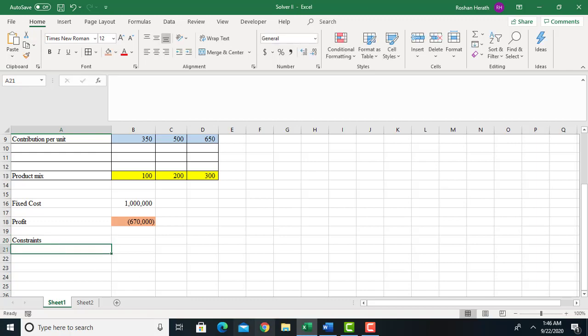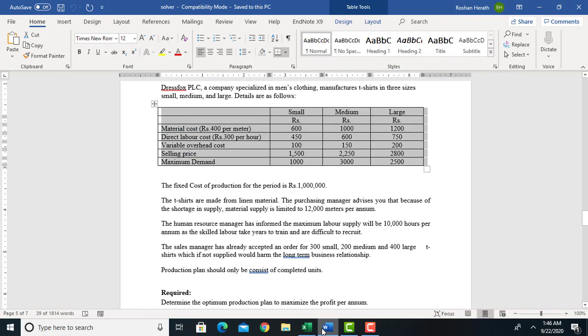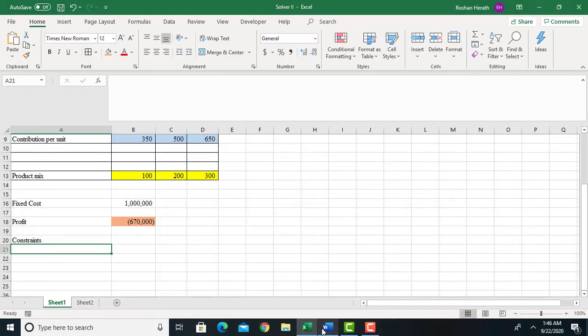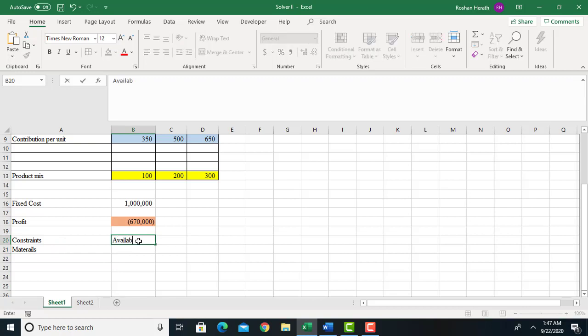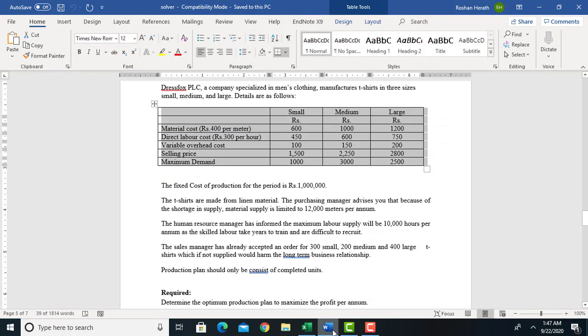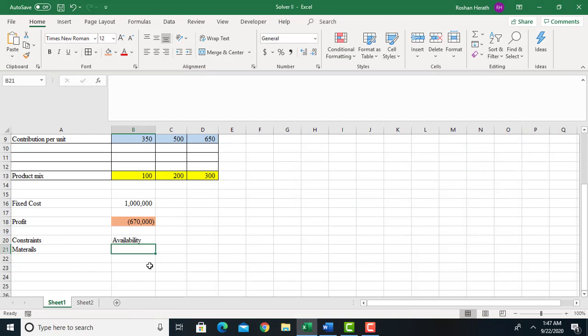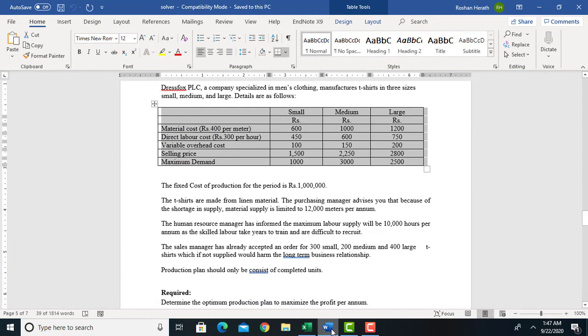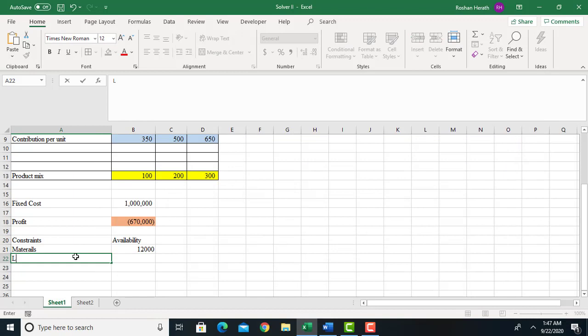In the constraints, the question suggests that there's a constraint as to the materials, the availability was given that the maximum that can be made available is 12,000 meters per annum, and also the labor availability is given, labor that is 10,000.